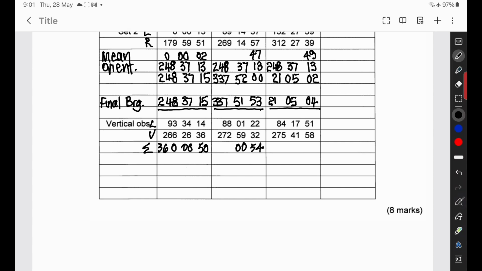There's a bit of an issue there, I think. 54, 0, 0, carry over 1, that gives us 1. That's 11.